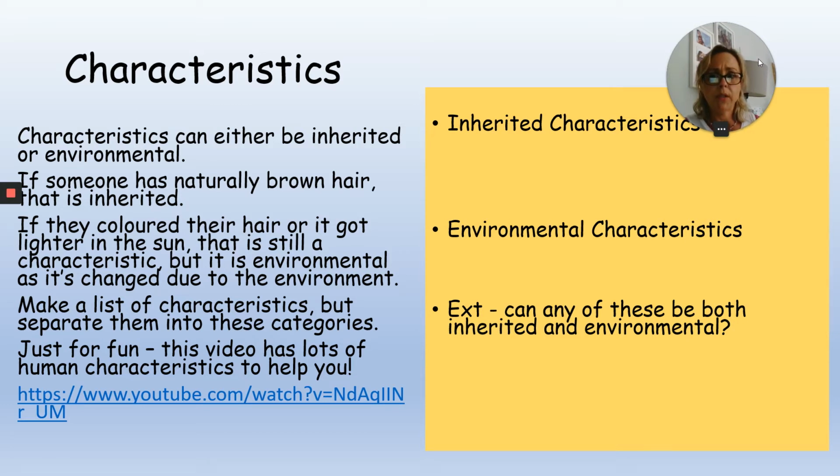So you're going to create 2 main lists, and then if any of the characteristics on those lists could fall into both, then you can pop them in there. An inherited characteristic is something that is coded for in your DNA, and that comes from your parents or grandparents. An environmental characteristic is something that is caused by your environment or has happened since you were born.